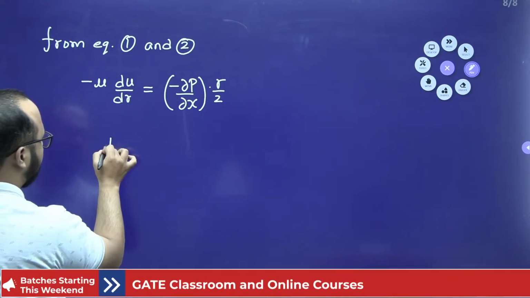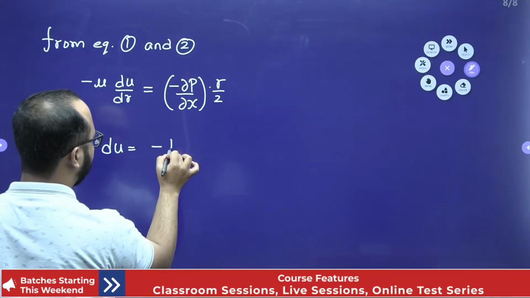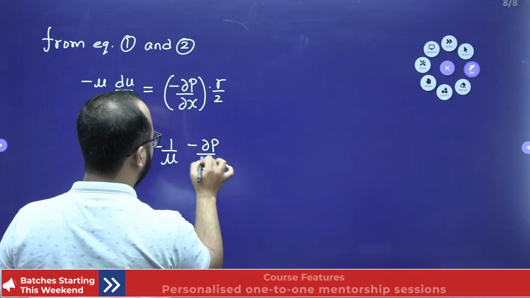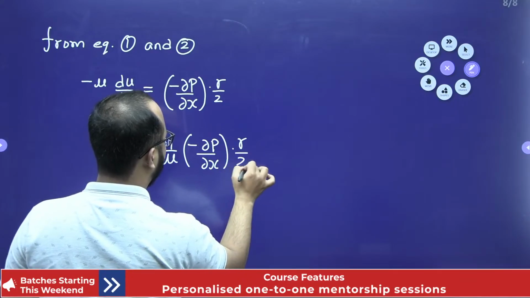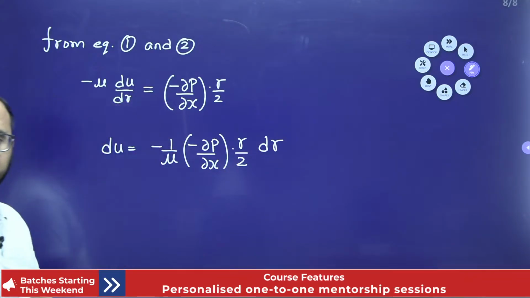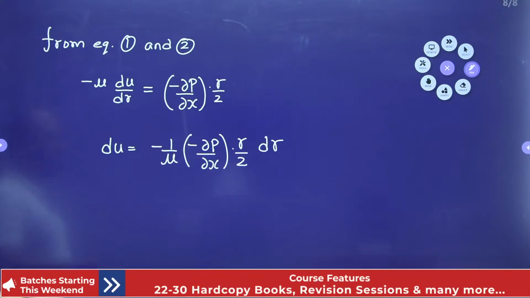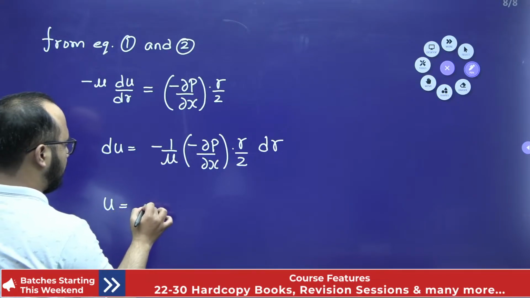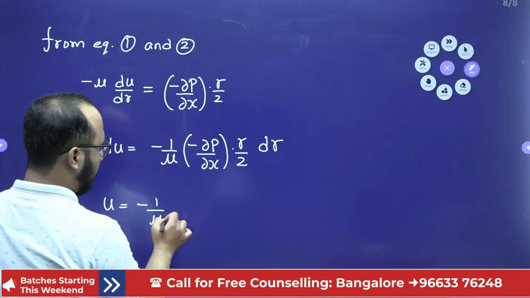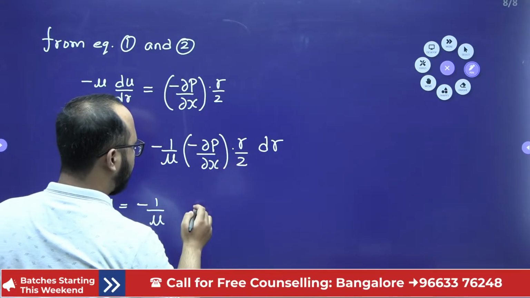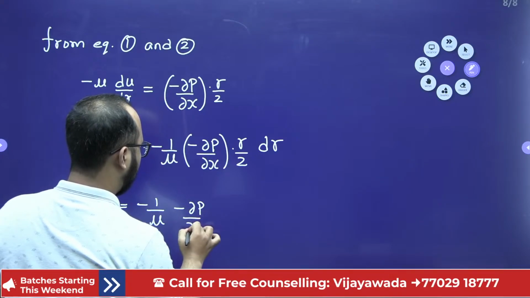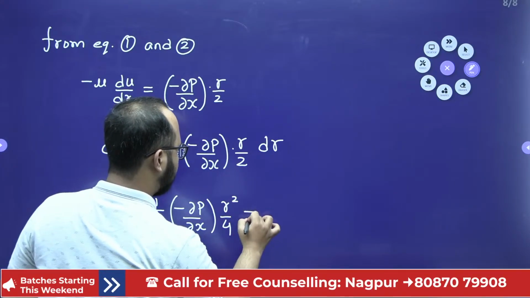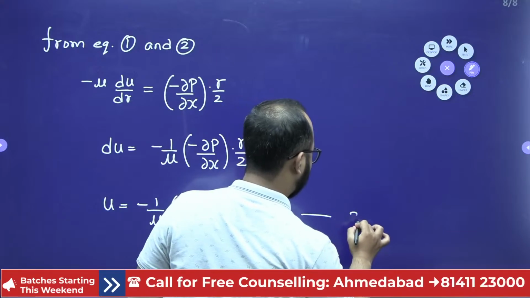From this I can write du equals minus 1 upon mu, into minus dou P by dou X, into r by 2 into dr. Now I will integrate this. If you integrate, you get minus 1 upon mu, r square by 2, and since 2 is already there, it becomes r square by 4, plus c. Let's suppose this is equation number 3.